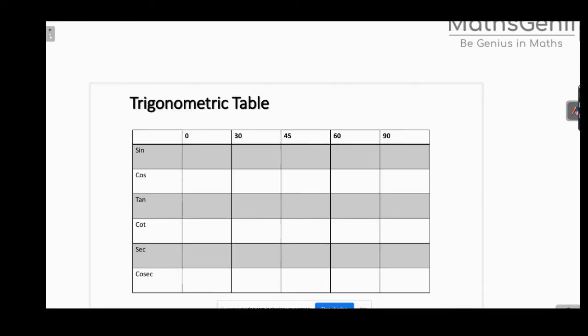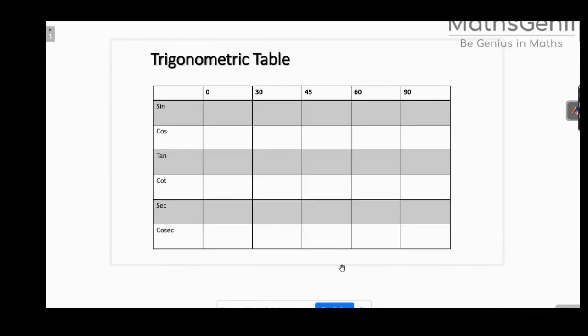Very important table in the entire chapter of trigonometry is this, and I am going to tell you how to remember this table. First thing, write it in the line I have taught. Sine, cos, tan, cot, sec, cosec.